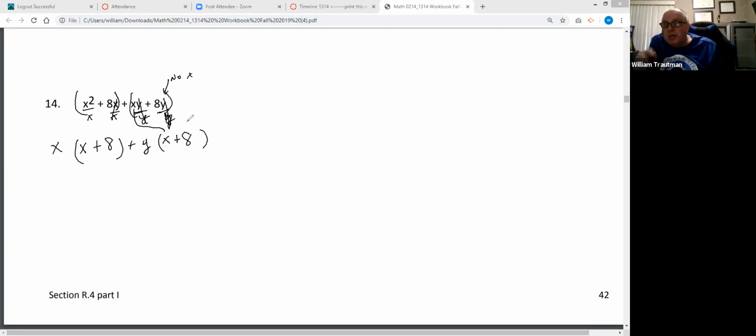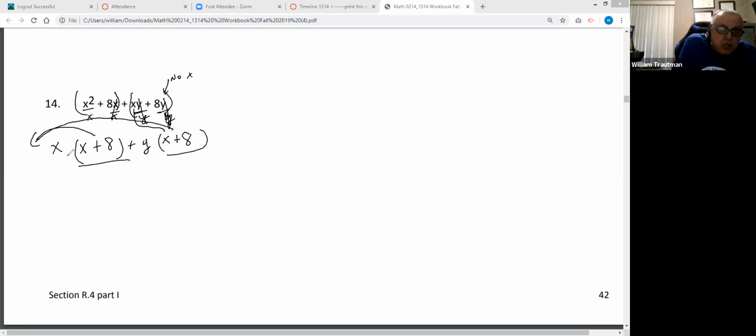That's step 2. At the bottom of step 2, I put stars. Your parentheses must be identical. X plus 8, x plus 8. They are. The parentheses are identical. I can continue. Step 3 is factor out the parentheses. We're going to write a parentheses here, and we're going to take the x plus 8 out of it.